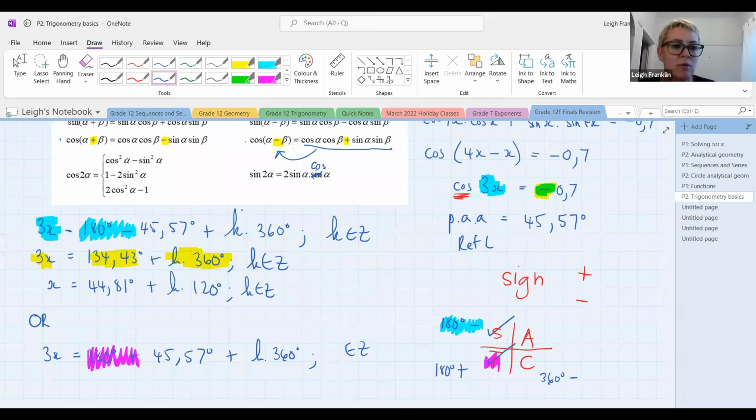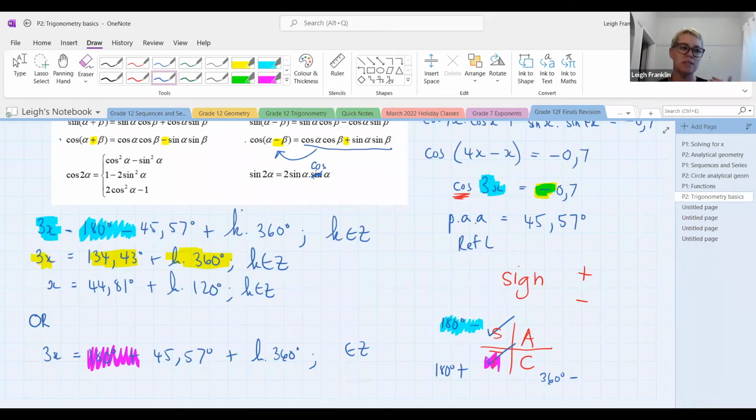So that's how you know what you're supposed to be writing in the first line. It's your angle equals, then what quadrant are you in? Use the appropriate reduction formula for that particular quadrant. And then you need to add multiples of 360. Adding and subtracting multiples of 360 is what allows you to find solutions anywhere along the x-axis for this particular question, because the cos graph repeats itself every 360 degrees.